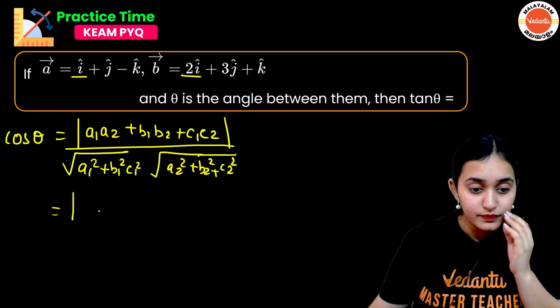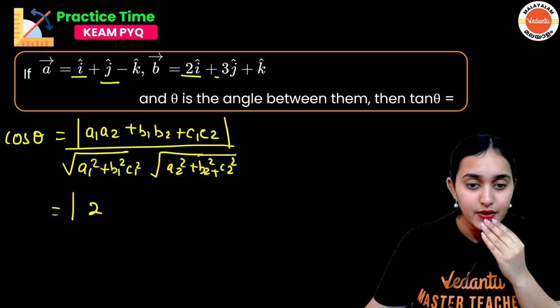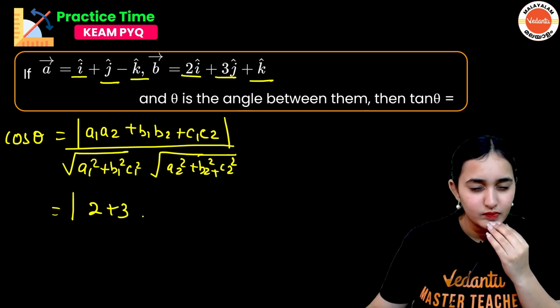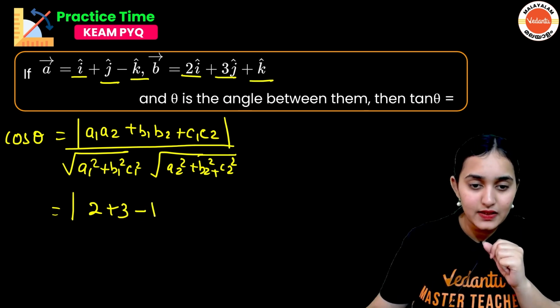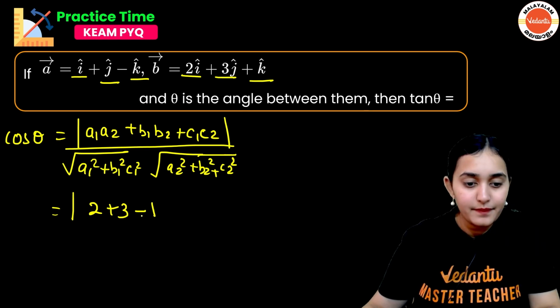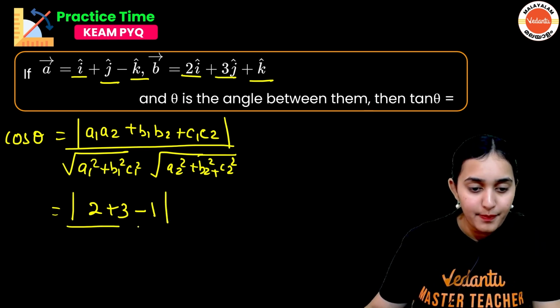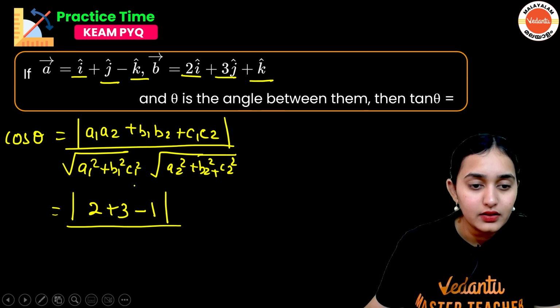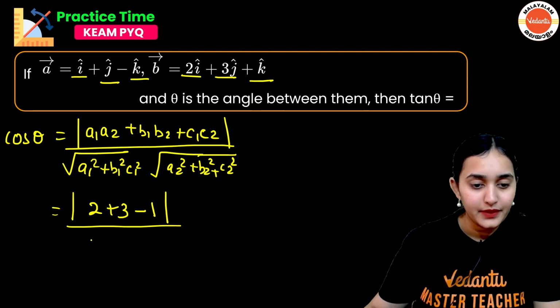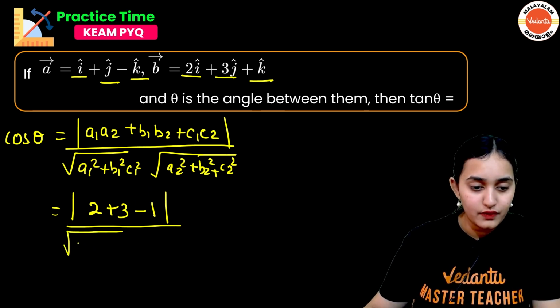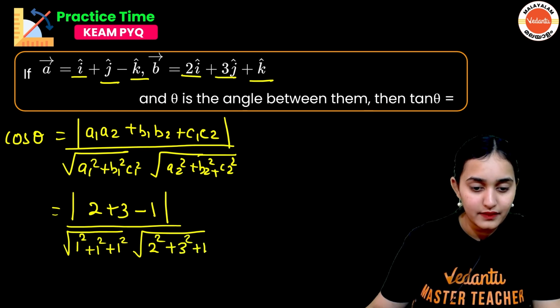1 into 2, 2. 1 into 3, 3. 1 into 1. Minus 1 into 1, minus 1. Right? Mod value upon root over 1 square plus 1 square plus 1 square, root over 2 square plus 3 square plus 1 square.